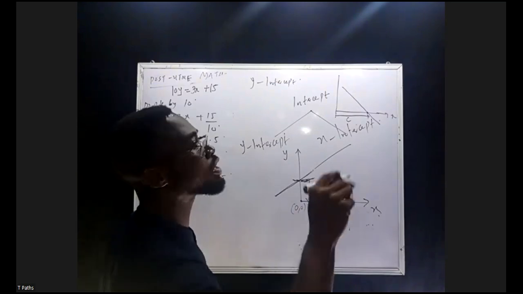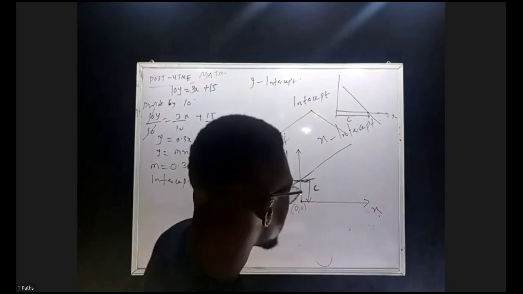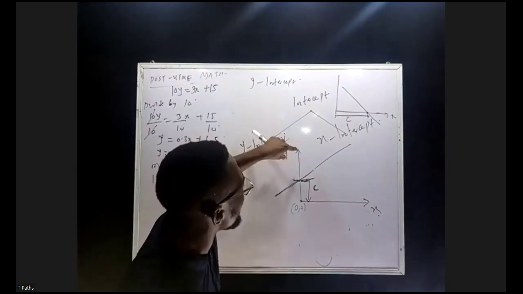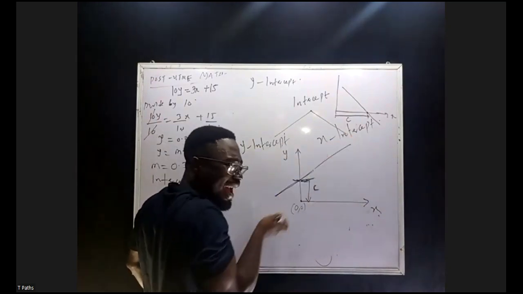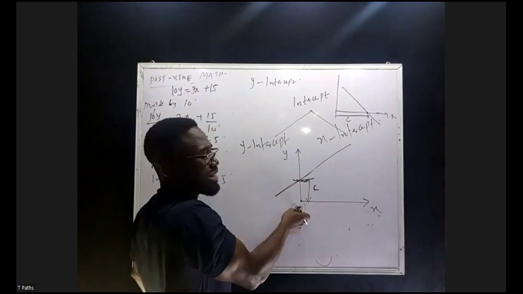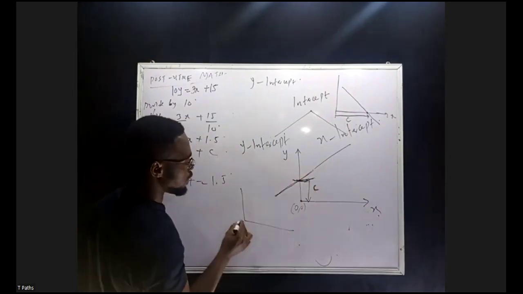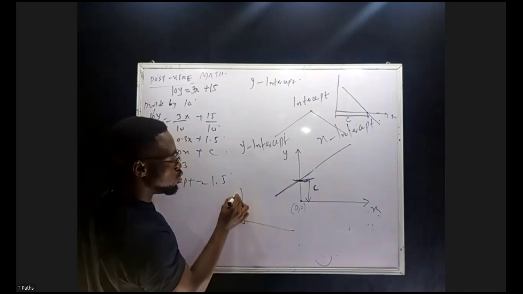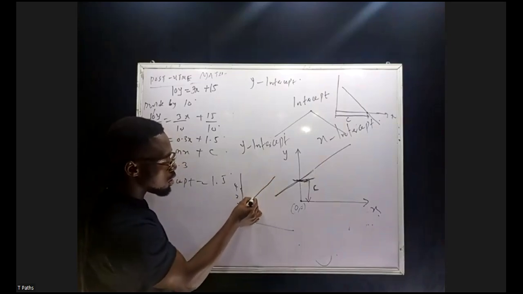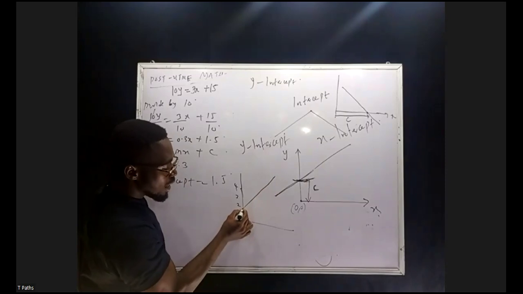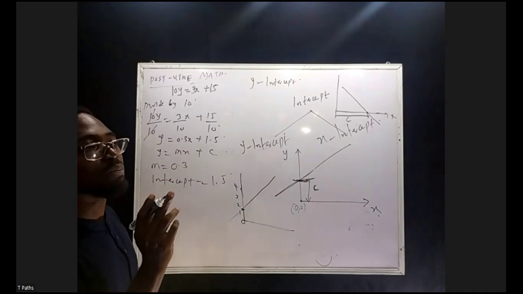Now, if a question says find the x-intercept and find the y-intercept, watch. For y-intercept, like I explained, it is where the line cuts the y-axis. You know how I used to do graphs. You say 0, 1, 2, 3, 4. Let's assume it cuts at value 1. That value 1 is your y-intercept.